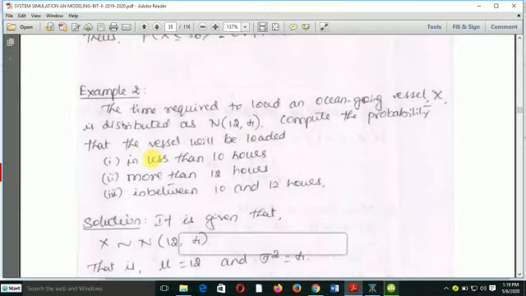Compute the probability that the vessel will be loaded in less than 10 hours, more than 12 hours, or between 10 and 12.